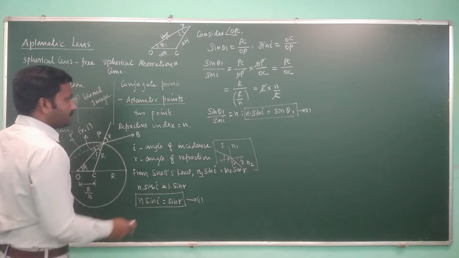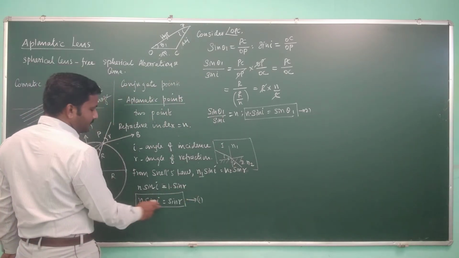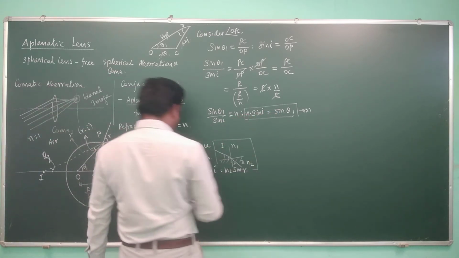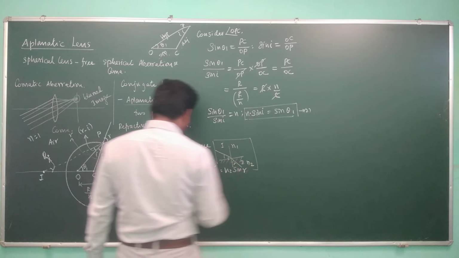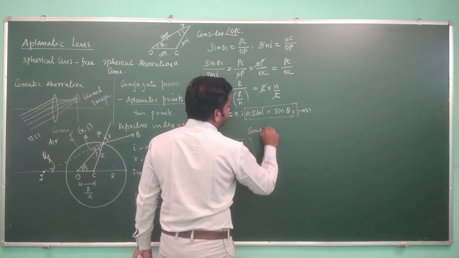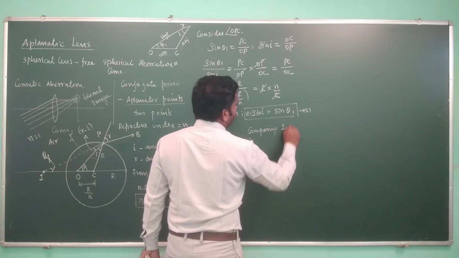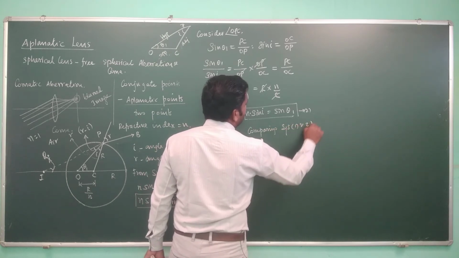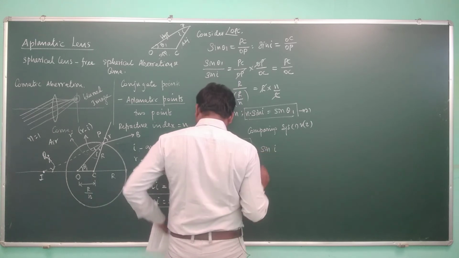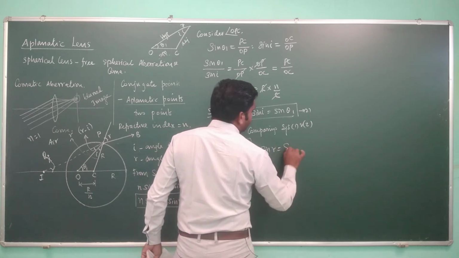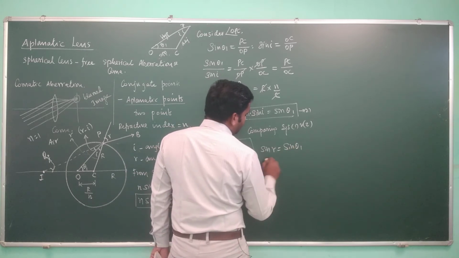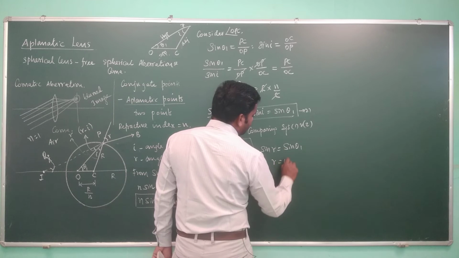When you compare equations 1 and 2, N sin I equals sin R here, and N sin I equals sin theta 1 there. As the left hand side is equal, the right hand side must also be equal. So comparing equations 1 and 2, we obtain sin R equal to sin theta 1, or for small angles R equal to theta 1.